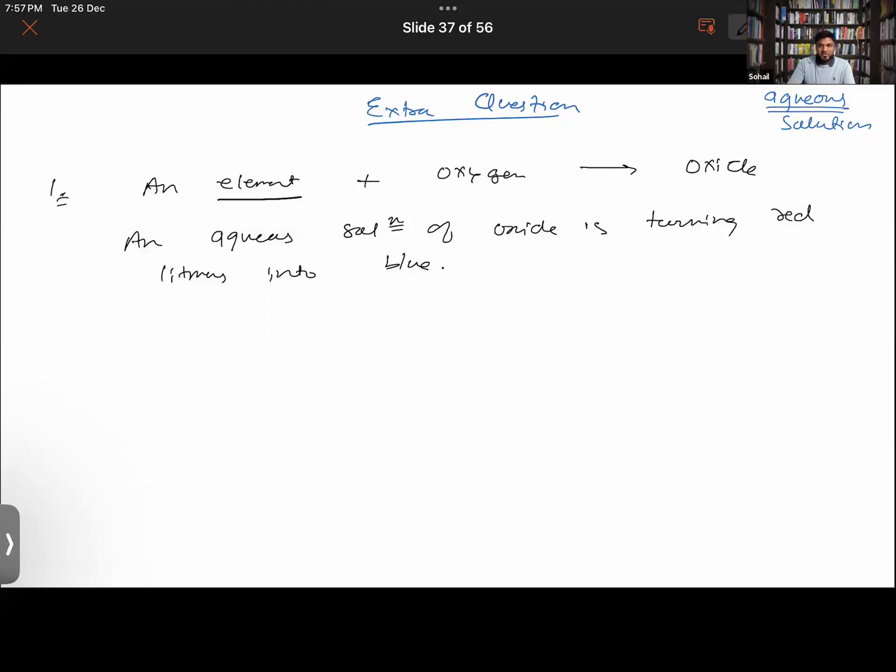Okay, anyway, so guys, the question I gave you, Ahmed, you also listen to this question. Why my camera keeps turning off? Yeah, again. So the question is that there's an element that is reacting with oxygen to give an oxide. An aqueous solution of this oxide is now turning red litmus into blue. So is this a basic or acidic solution?